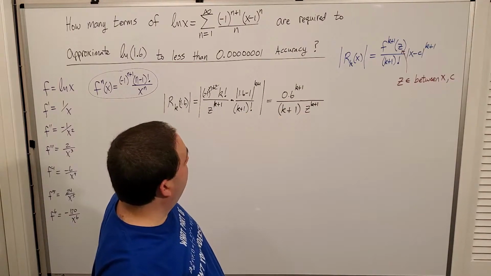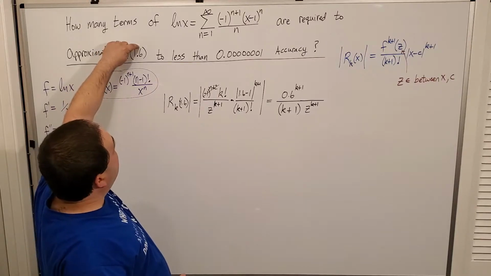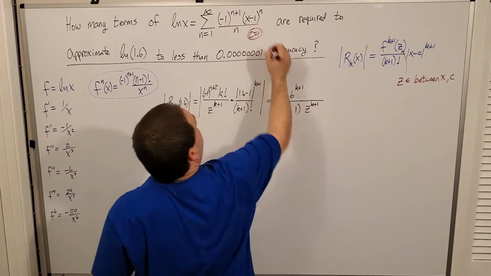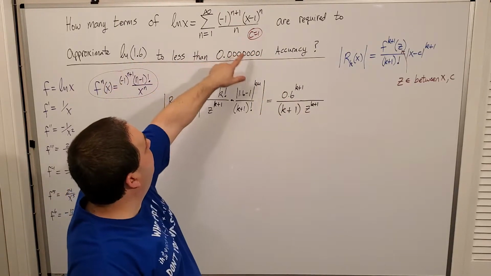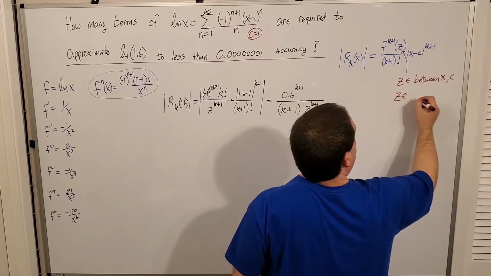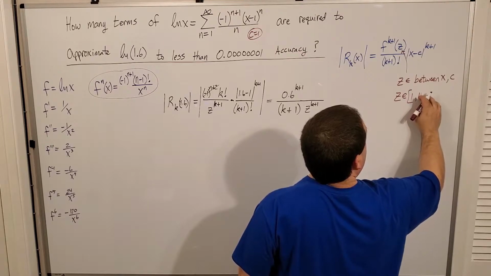In this case, my x value is 1.6 and my c is 1. So in other words, our z value should exist somewhere between 1 and 1.6.